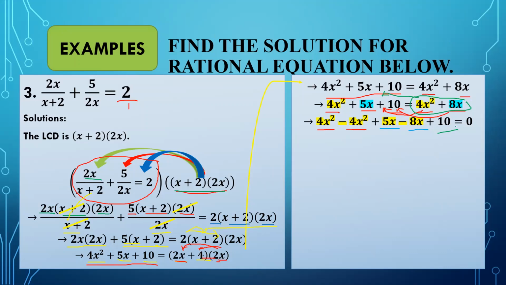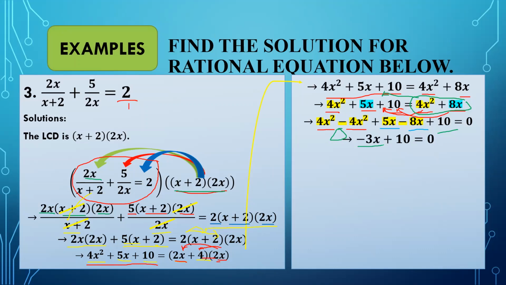So we write 4x squared minus 4x squared plus 5x minus 8x plus 10 is equal to 0. 4x squared minus 4x squared, obviously that is 0, so we will not write it. Then 5x minus 8x is equal to negative 3x.